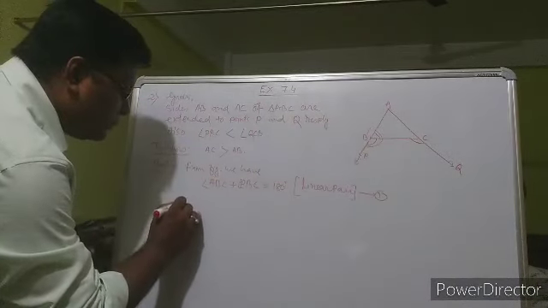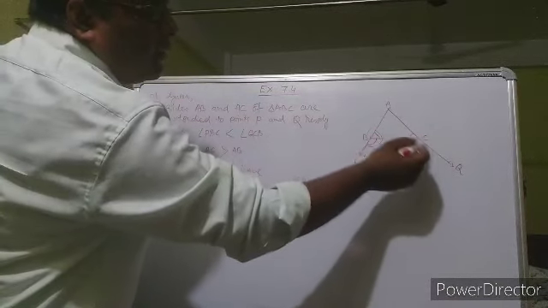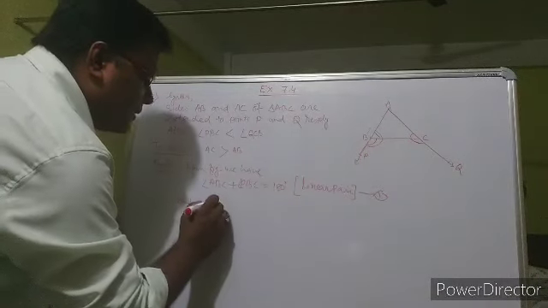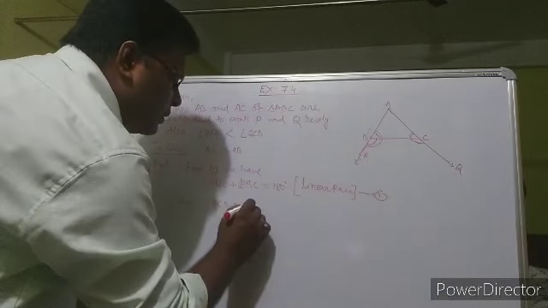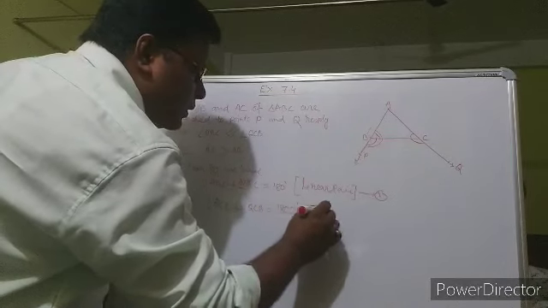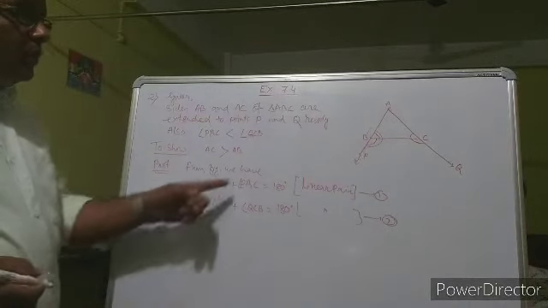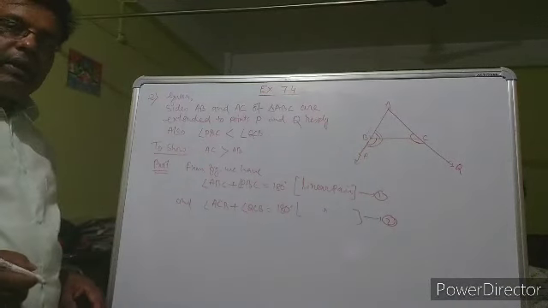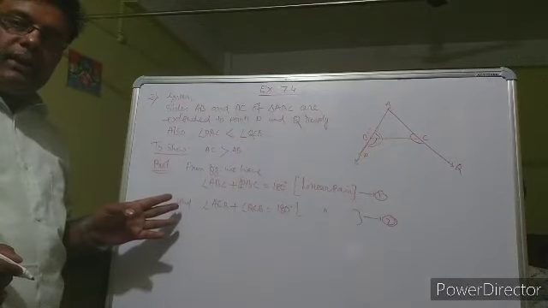And similarly, angle ACB and QCB are a linear pair. Angle ACB plus angle QCB is equal to 180 degree because it's also a linear pair. Now it's number 2. So from 1 and 2, both are 180, that is, right hand sides are equal. Now if in two equations one sides are equal, then the other sides are also equal.